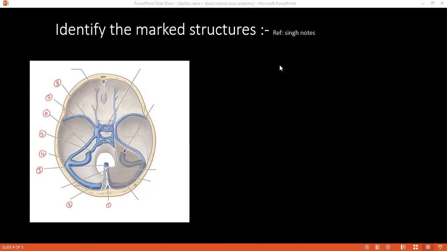The ventricular system is two lateral ventricles connected to the third ventricle through the cerebral aqueduct, and the third ventricle is connected to the fourth ventricle, which is connected to the central canal of the spinal cord. The CSF is reabsorbed in the dural venous sinuses. The normal pressure is approximately 10 to 15, and that's all.